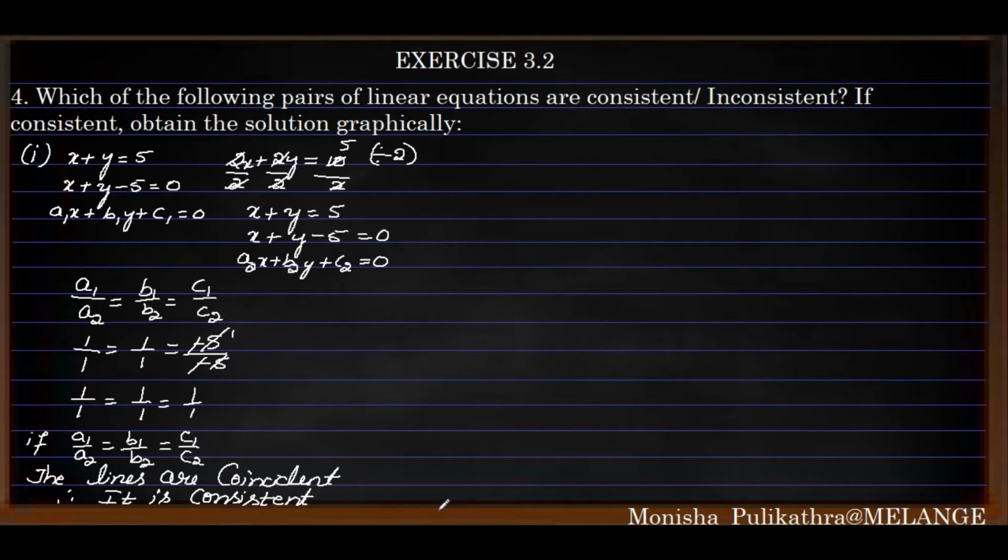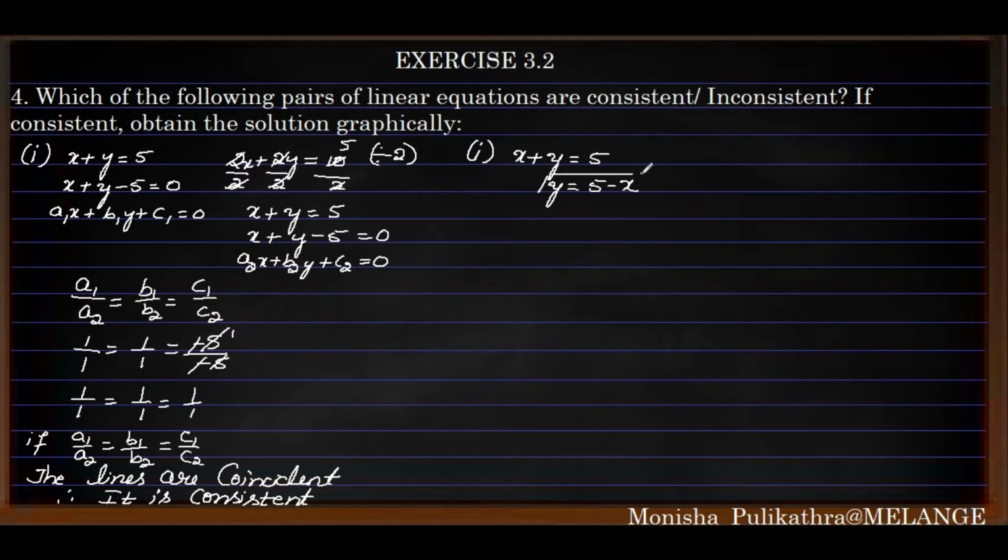So if the 2 equations are consistent, then we need to plot the graph for this. In order to plot a graph, we need to find the points for both the equations. Since it is coincident, there is no need of finding the values of x and y separately. Only in the case of intersecting, we need to find the values. Since it is coincident, I will take the first equation, x plus y is equal to 5. We rearrange it so that y is equal to 5 minus x.